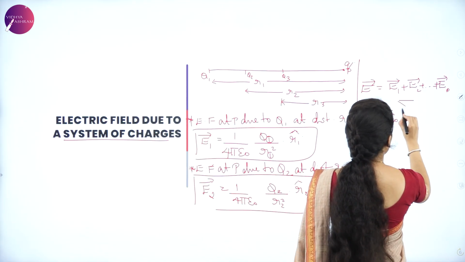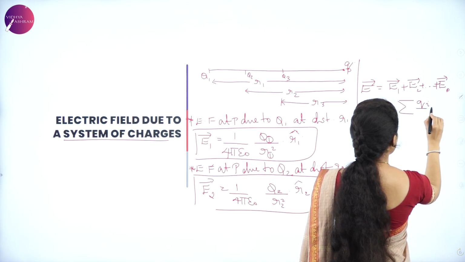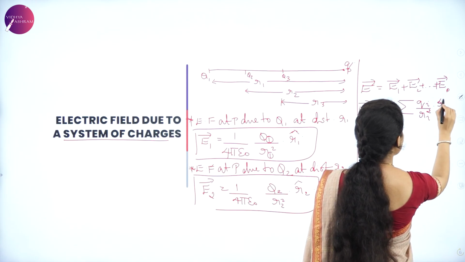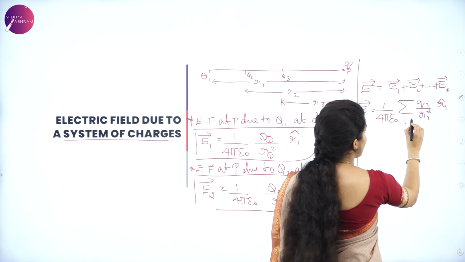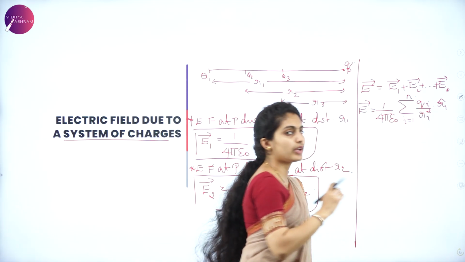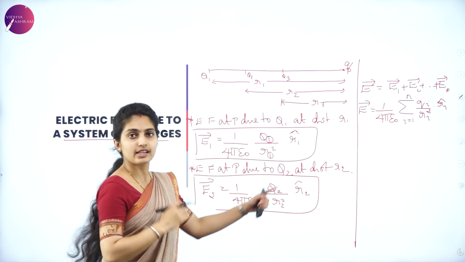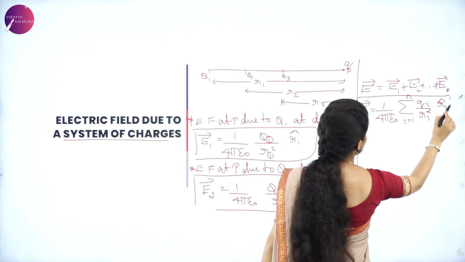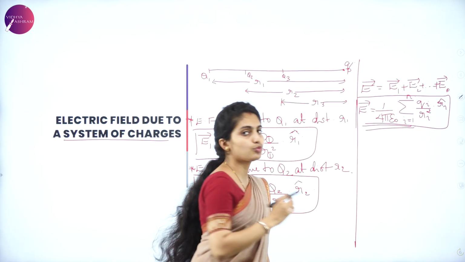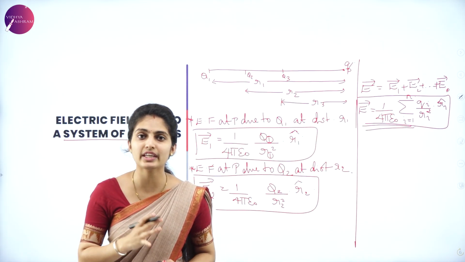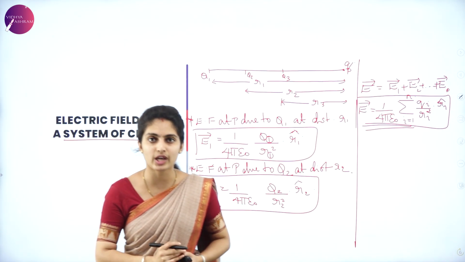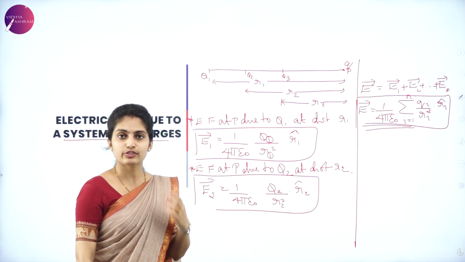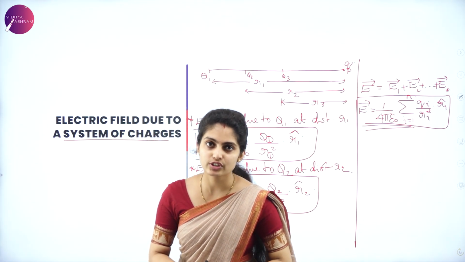So it is summation Qi divided by Ri square into Ri cap, where i varies from 1 to n. From 1 it starts and it keeps on varying. So here is the general formula in order to identify the electric field, which you will have to remember. It is very useful in terms of numericals from this chapter. So this is the expression for the electric field from a system of charges.